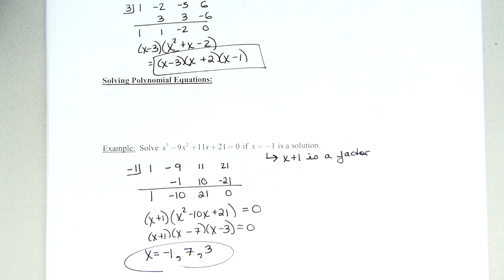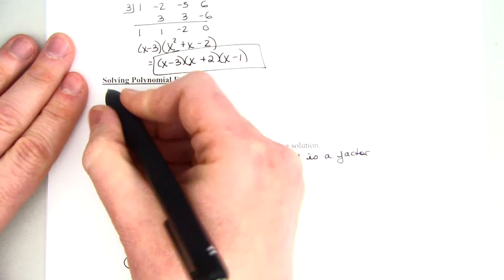In general, to solve these polynomial equations, if I give you a solution, or a root, we're going to divide by the factor that gives that solution, use that to factor the polynomial, and then just solve what we're left with.